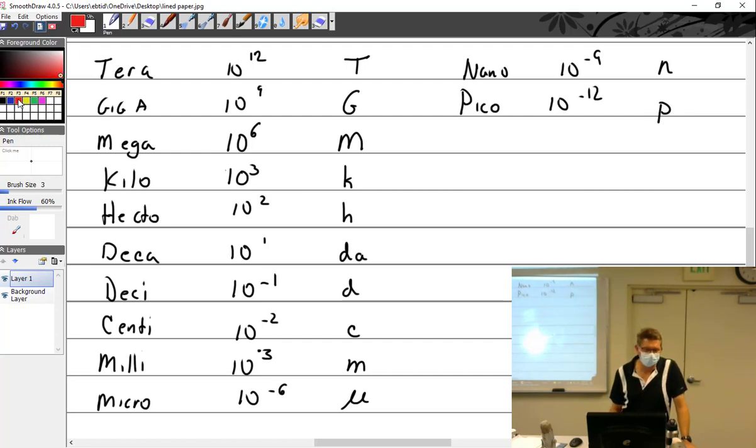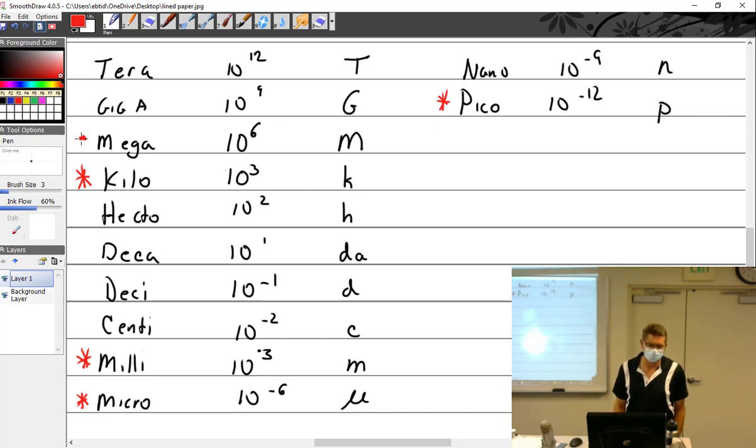Okay, so you have to memorize all of them. Just kidding. If you're going to memorize something, I would absolutely positively memorize those four, and you could throw in mega if you wanted to, but we're not going to use mega around here.